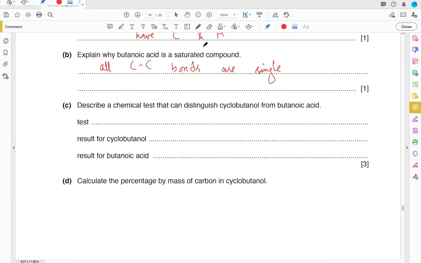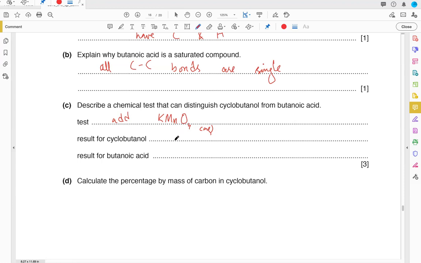We know that alcohols can be oxidized. What is one property of alcohols that carboxylic acid cannot do? That cannot be oxidized. So we can say that add KMnO4 aqueous. With cyclobutanol, the thing will oxidize and then acid will be produced. But what happens to KMnO4?